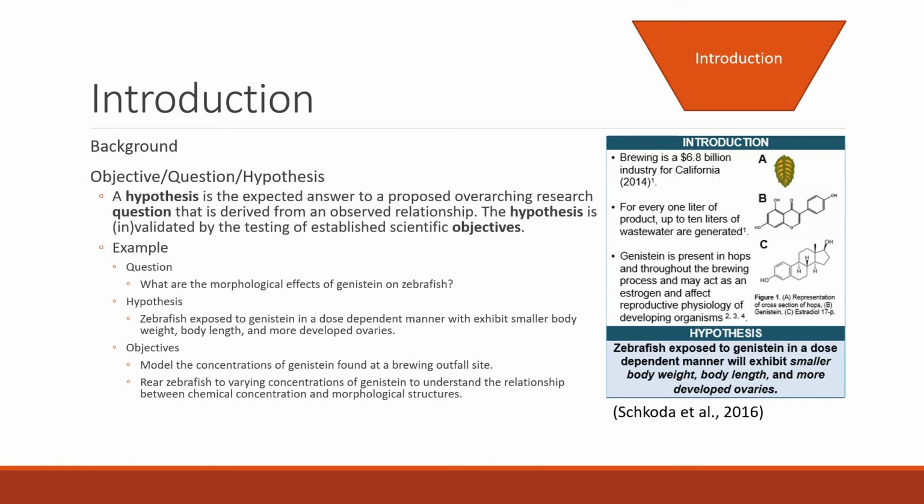This allows the audience to infer that the question is, what are the morphological effects of gynostine on a certain organism? In this case, it's a zebrafish. Their proposed answer to this is that the zebrafish will essentially experience smaller body weight, length, and more developed ovaries at various doses.